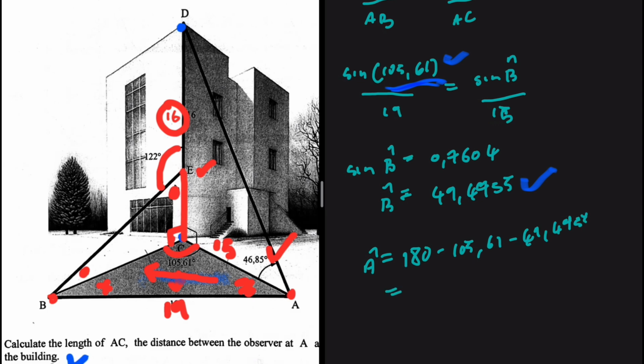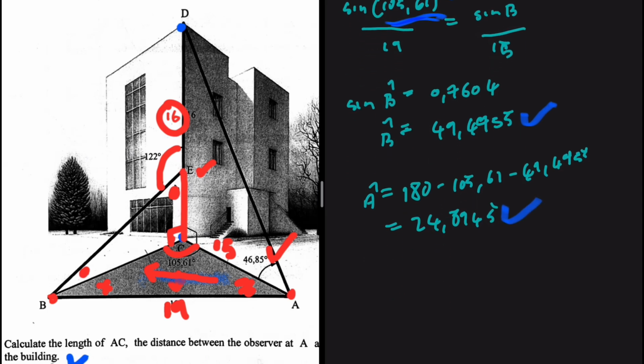Allow me to put that in my calculator. 180 minus 105.61 minus 49.4955. I'm getting 24.8945. So now we will use angle A to find CB, right?